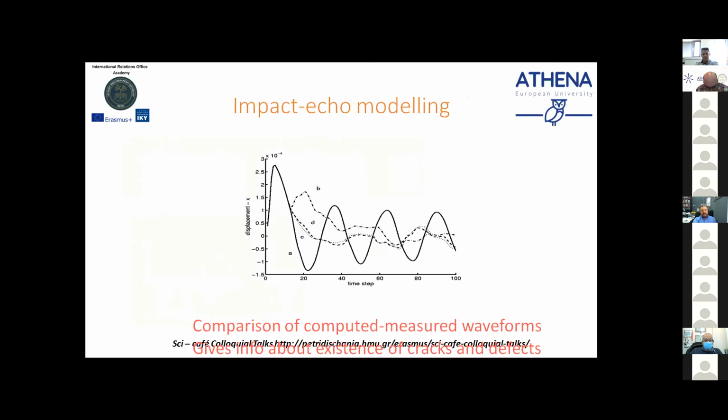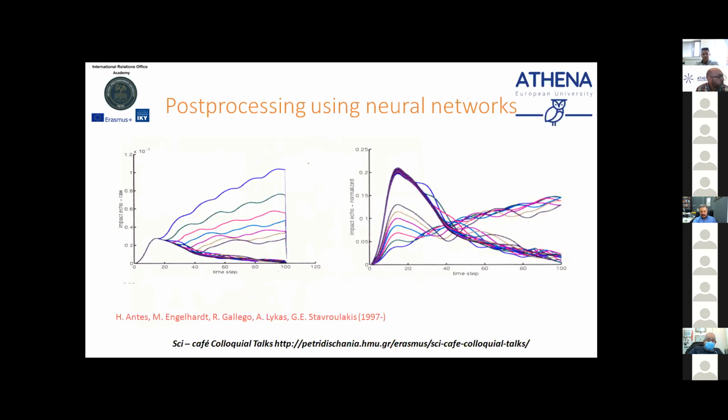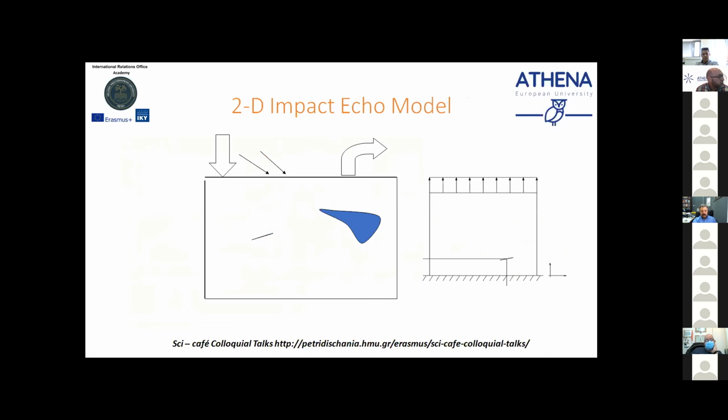These are three different classes of signals coming from a layer with a delamination behind it, with a delamination with contact, etc. And a neural network can be trained in order to resolve this problem and find the inverse analysis.